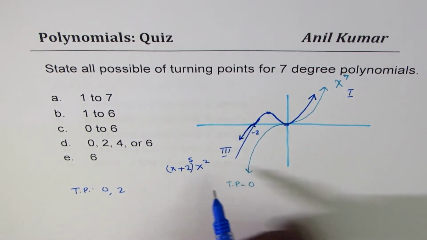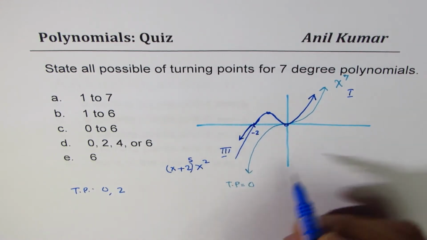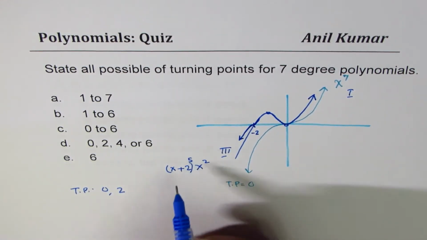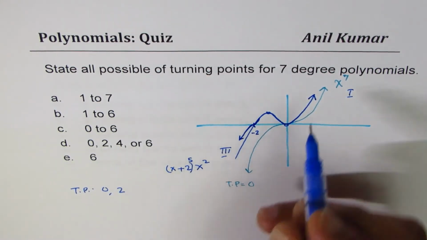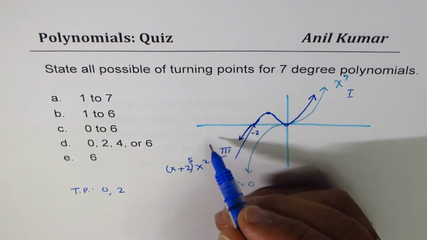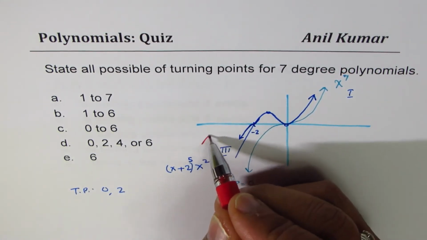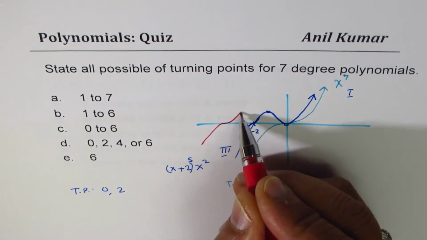Perfect. Now, we could have had an example where degree still remains 7, but we could split this into 4 and 1, right? So we could have a polynomial which could, let's say, turn like this, right? This is 5, right?